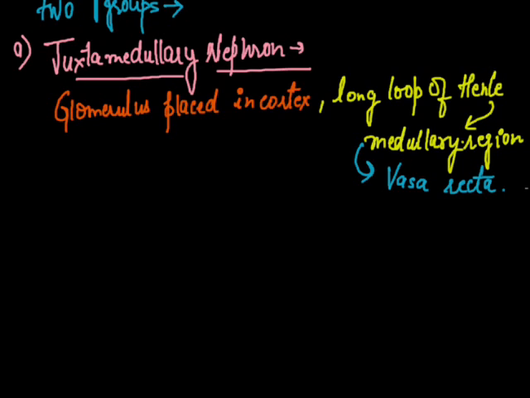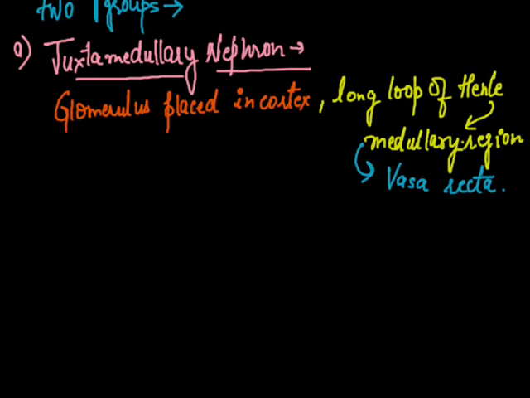That means in the juxtamedullary nephron, the only part placed in the cortex is the glomerulus, while the rest of the renal tubule, the PCT, loop of Henle, DCT and collecting tubule, will reside in the medullary region.